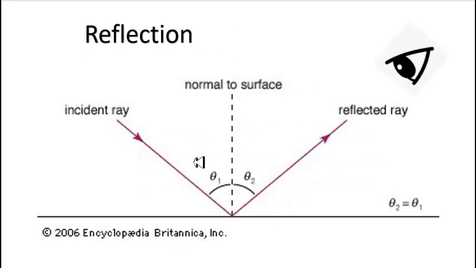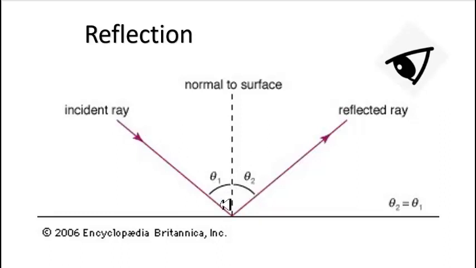So you have an incident ray coming in, and it reflects in a direction such that, relative to the normal to the surface, which is the line perpendicular to the surface, the angle on either side would be the same.